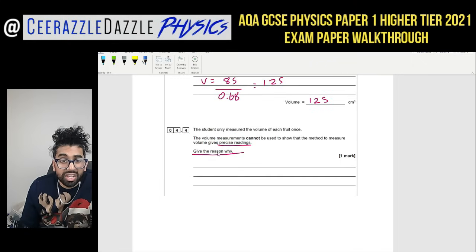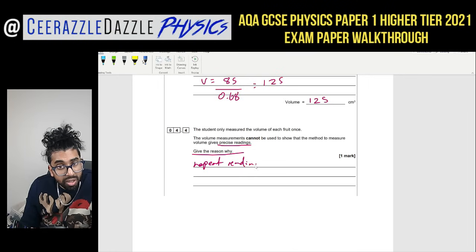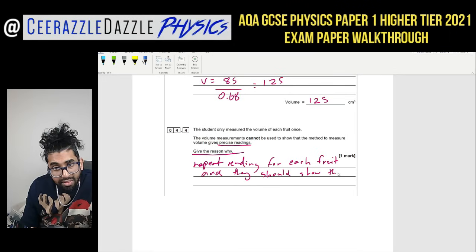So the reason why is that you can't show it's precise, because in order to show they're precise, you need to have repeat readings for each fruit. And in order for them to be precise, they all need to be close together. That the readings are close together.